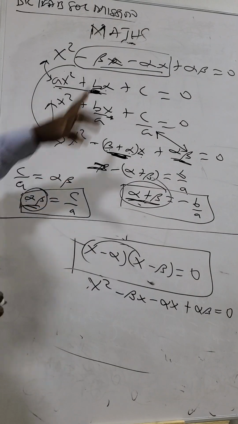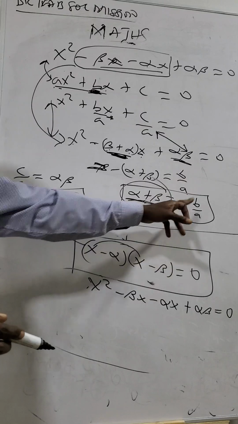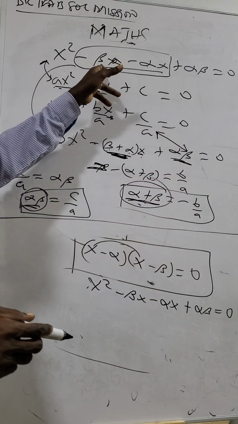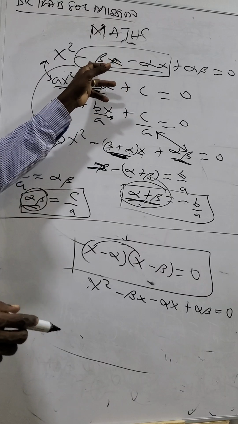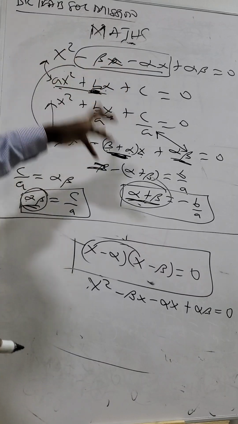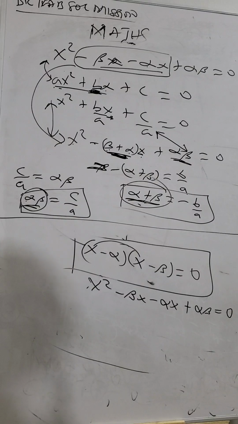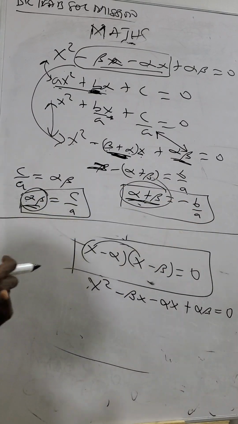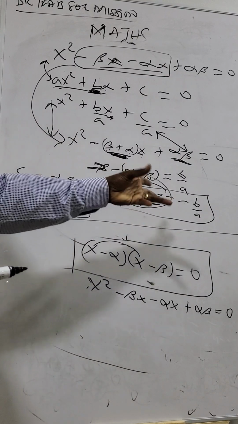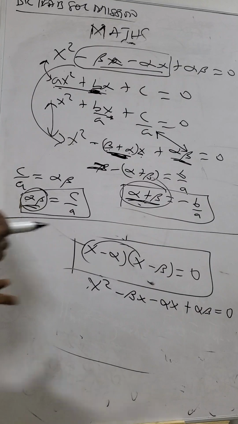We know alpha times beta is the constant. Alpha plus beta is the negative of the x coefficient here. Right, so that is what we have as the roots. If you have the roots, this is what we are getting. So you put the roots in there, and then the answer should work for itself.